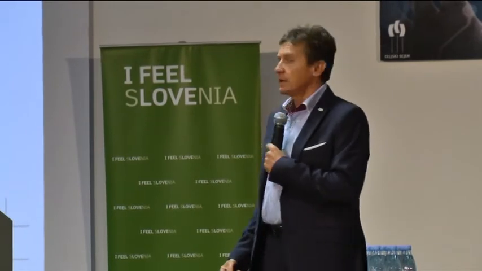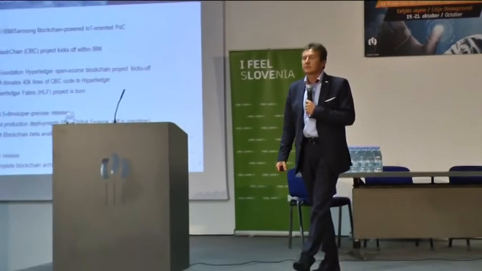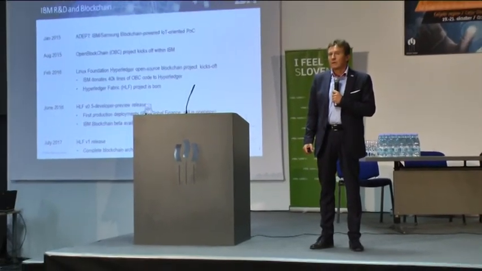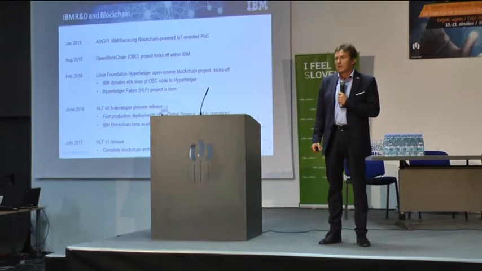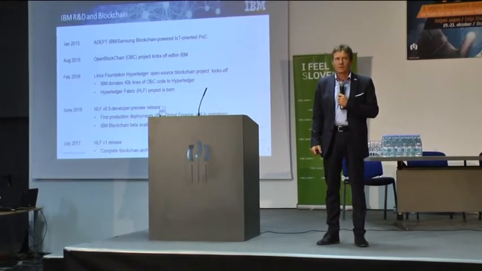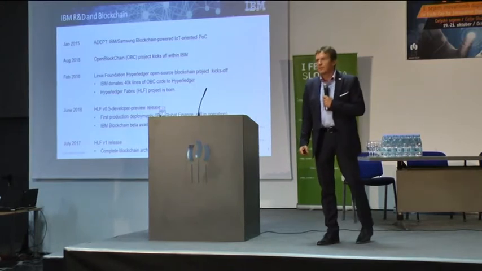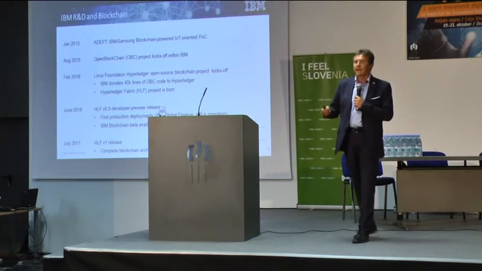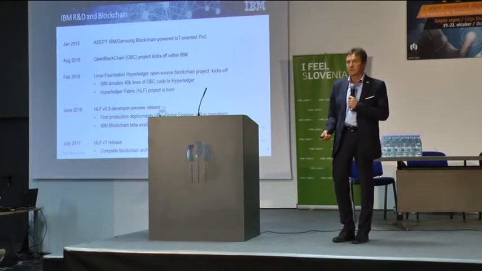IBM started everything in January 2015, when we were asked by Samsung to solve one of their challenges. We said, okay, that sounds like a good project for blockchain, but we figured out that none of the existing blockchain technologies could solve the challenges Samsung wanted. Then we started to develop our own.